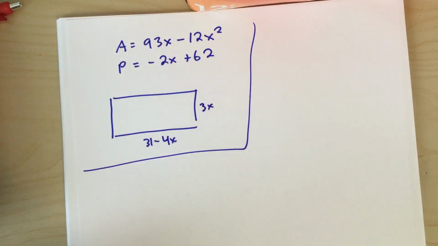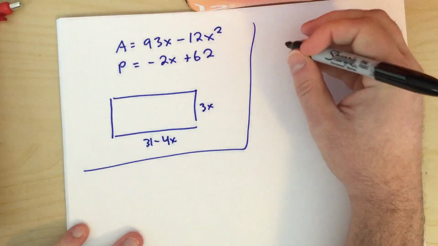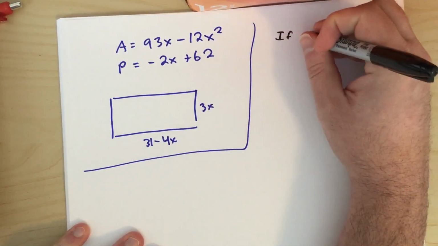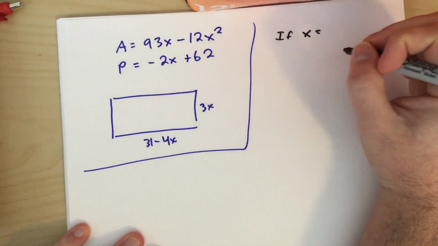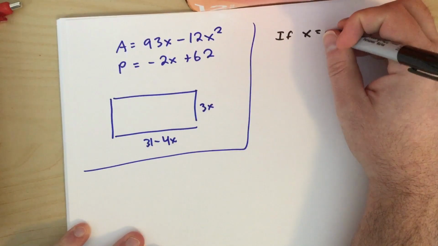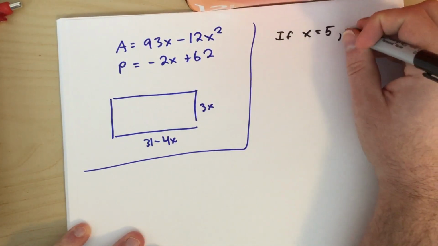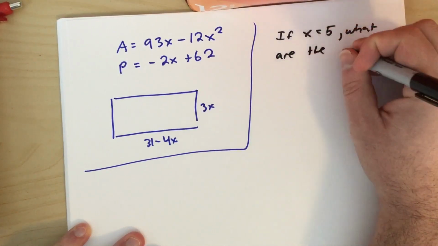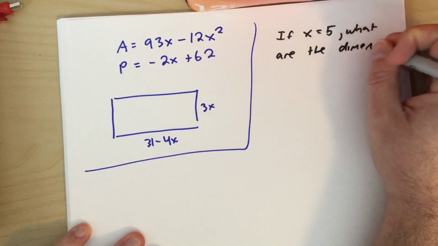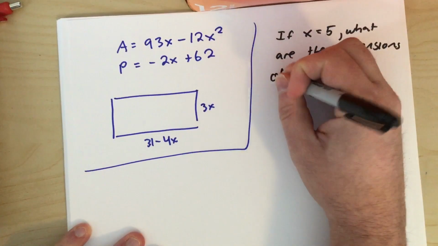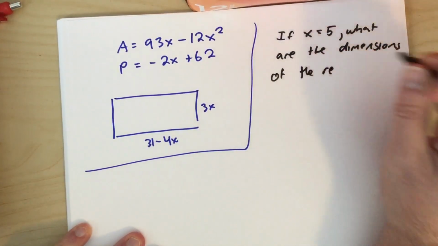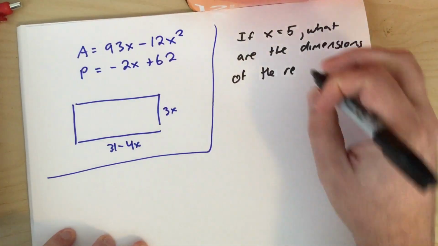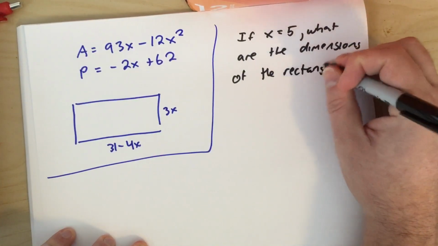And so, if x equals, we'll say 5, what are the dimensions of the rectangle? The dimensions mean what's the length and the width.